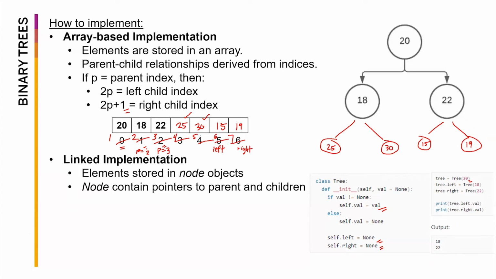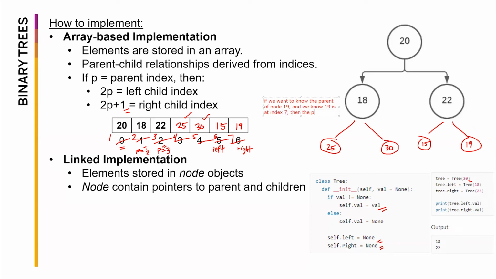Now, if we want to know the parent node of one specific node, we simply have to do an integer division by 2. So let's say we want to know the parent of node 19, and we know 19 is at index 7.